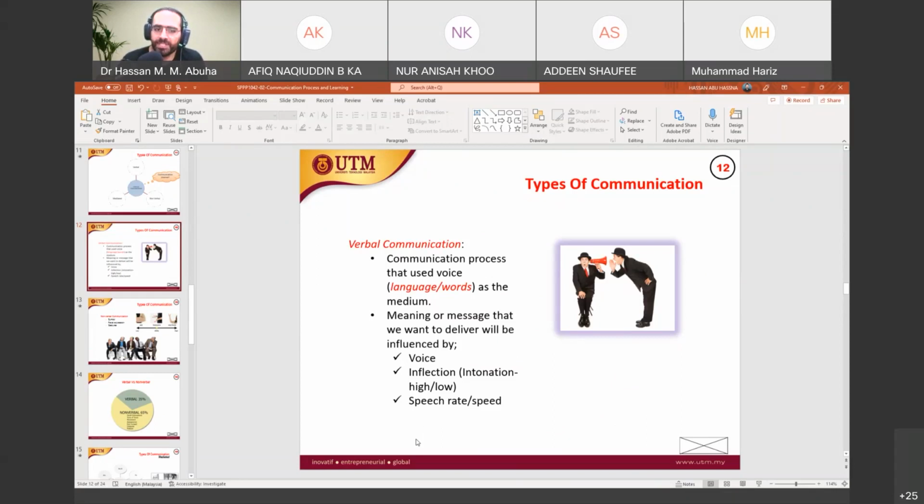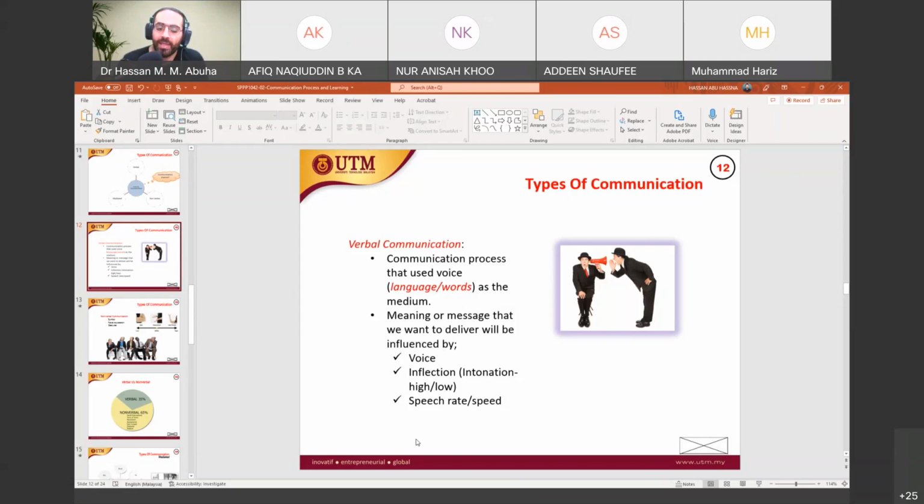These are the factors that will influence the meaning or message that we want to deliver. The voice, the tone of the voice. Is it loud? Is it clear? Is it understandable? Inflection, the intonation, is it high, low? We could actually tell if the person is angry by his voice.